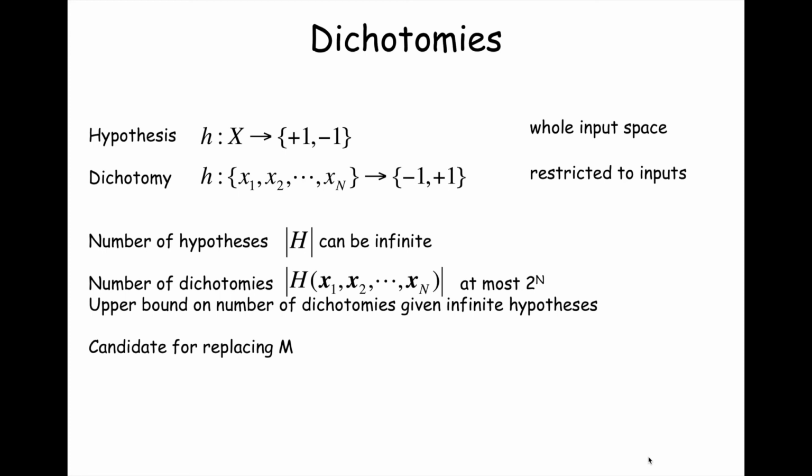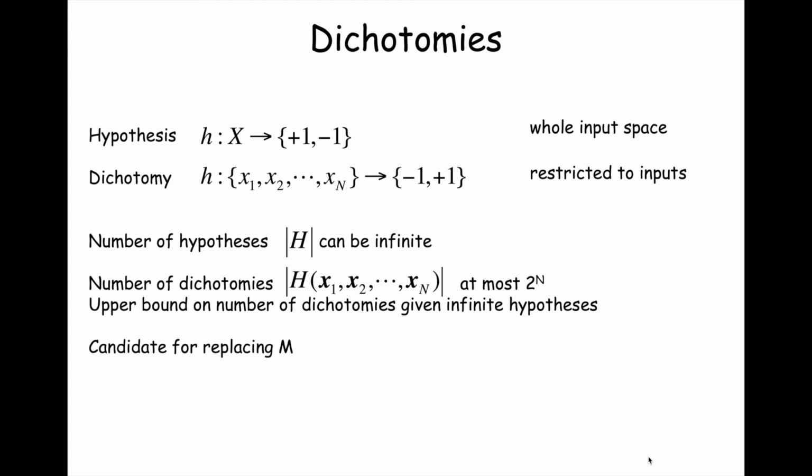So here, you'll notice notationally, we have the number of hypotheses, the magnitude of set H. Now I should have said script H, but I didn't have the script font when I made the slide. Here we have the dichotomies, produced for a sample size of big N, right? So you have 2 to the n labelings: +1 or -1 for the first one, times +1 or -1 for the second one.